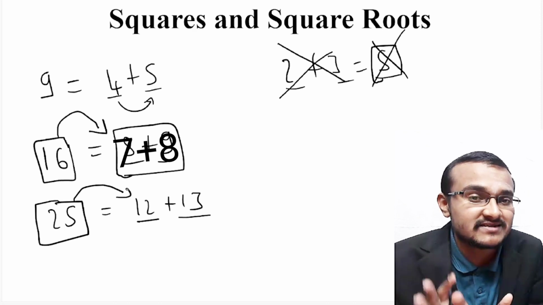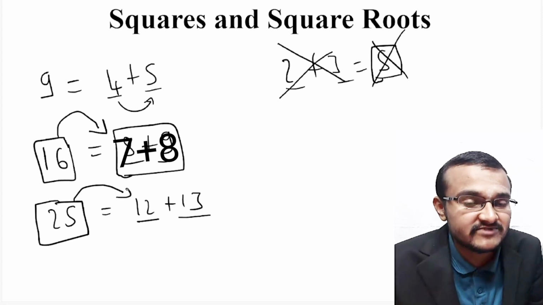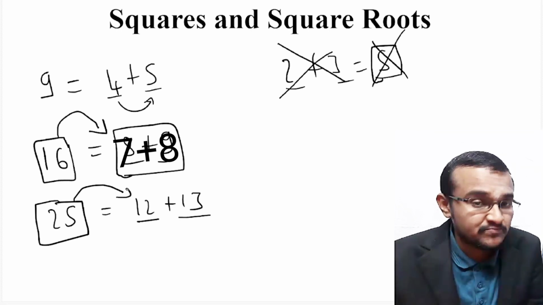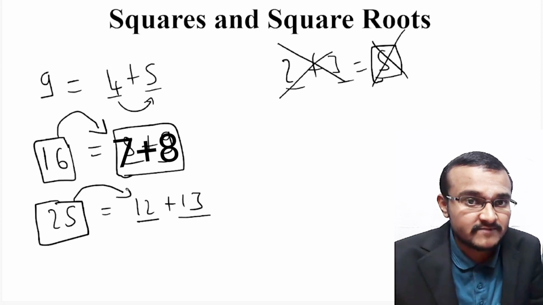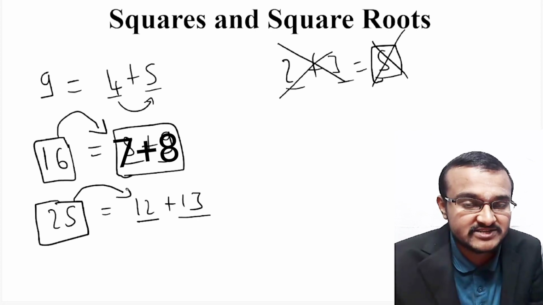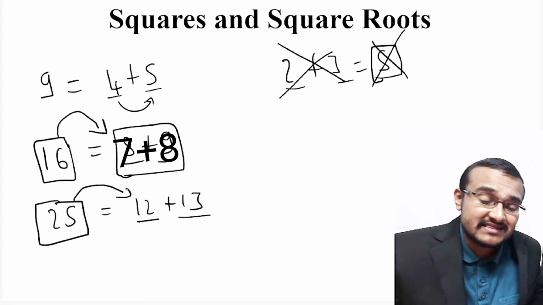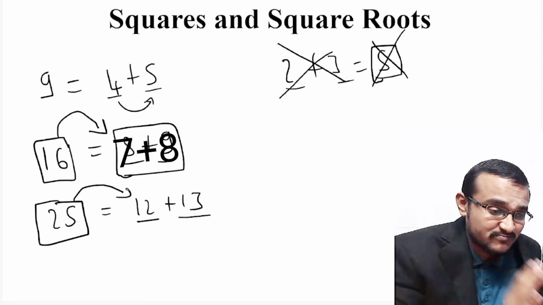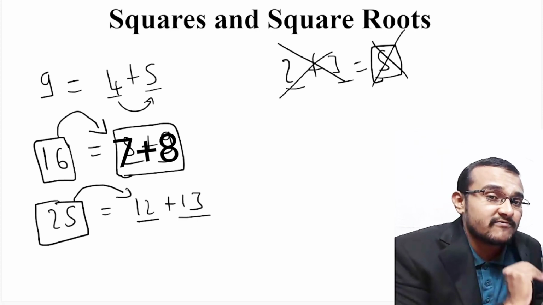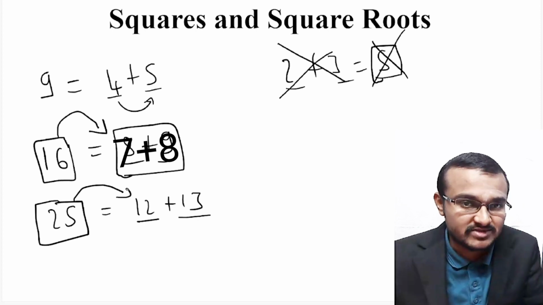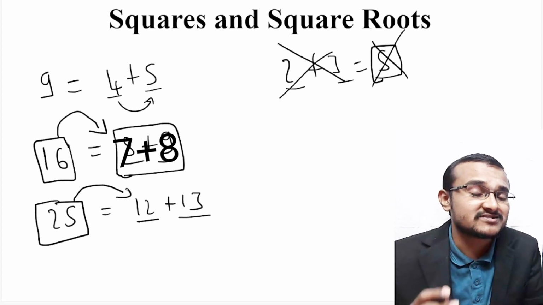So 12 plus 13 is giving you 25, 8 plus 9 is giving you 16, 4 plus 5 is giving you 9. Similarly, 2 plus 3 will not give you a perfect square, 1 plus 2 will not, 4 plus 5 will not. But if you take a perfect square, then that perfect square can be expressed as the sum of two consecutive natural numbers. That is what this property is trying to tell you.